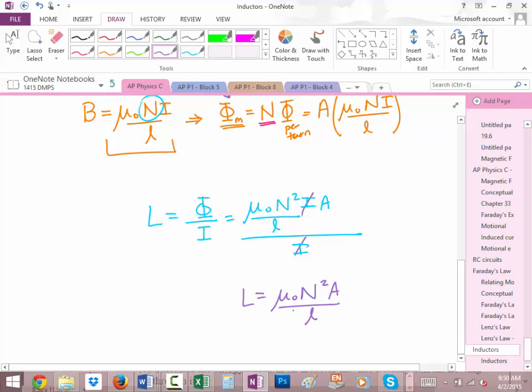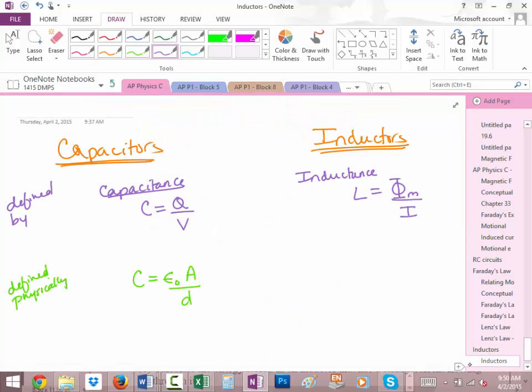L is a physical parameter. Is that okay? So in the same way that we did with the capacitors, we've got a new definition for L that we can also use to describe inductance based on the shape and size of the inductor.